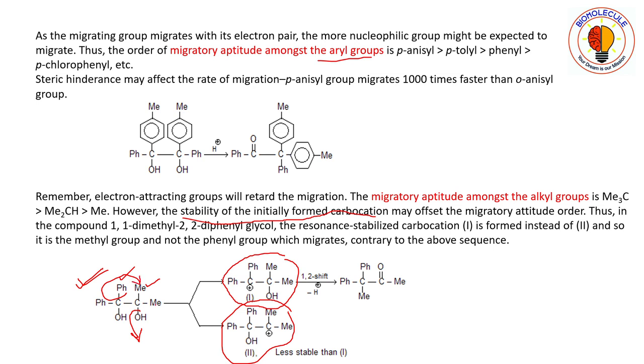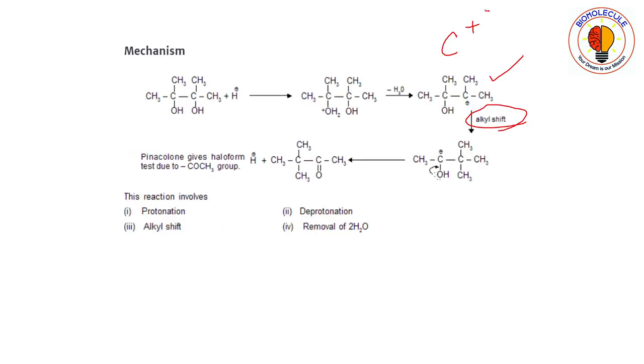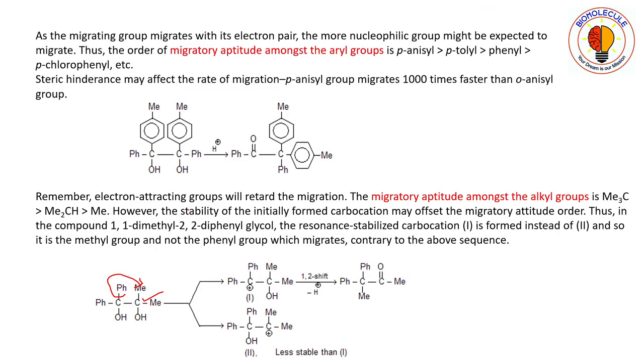Am I right? This carbon will form the carbocation and then this phenyl will migrate, if we consider the migratory aptitude. But the first thing is the formation of carbocation, and that is the stability of the initially formed carbocation.